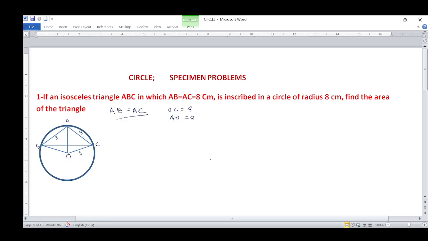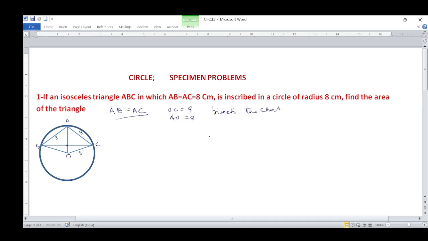So for this, how to proceed? BC is the chord, and one thing, if you drop a perpendicular, if you connect the center from the circumference from any point, then it will bisect the chord.